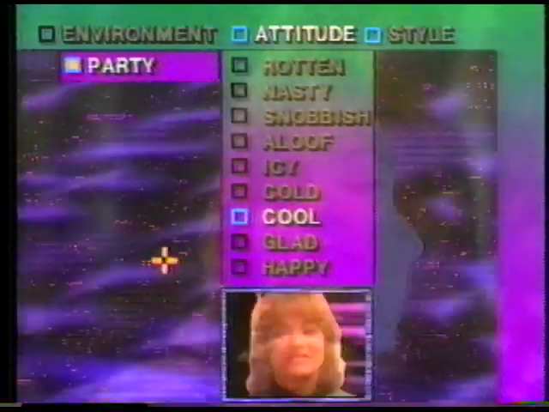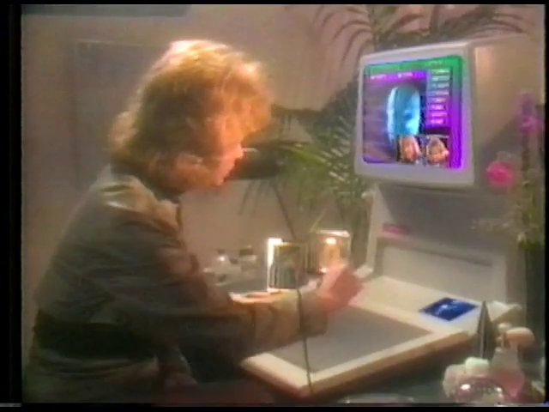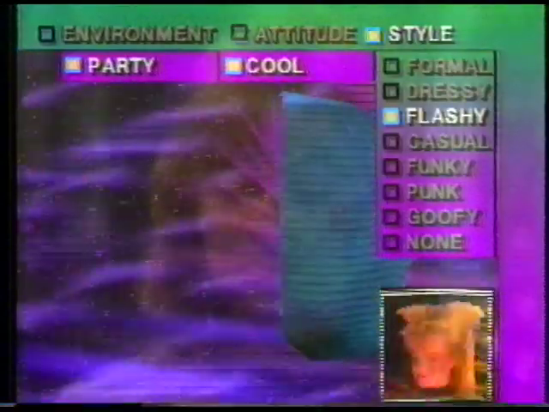Live action, digital effects and computer graphics are combined in this visionary exploration of futuristic mood alterations.